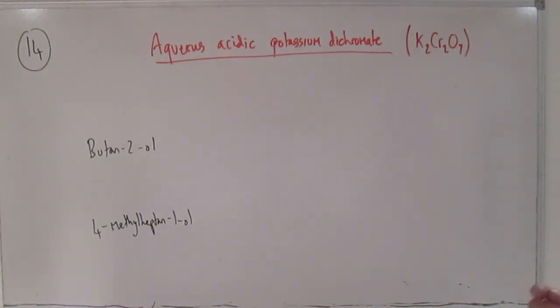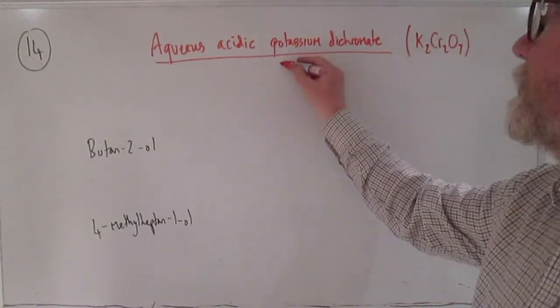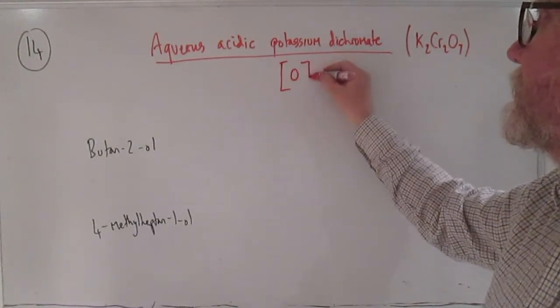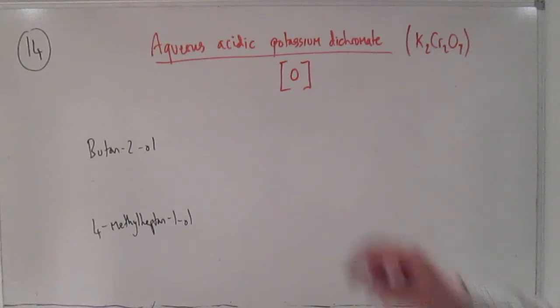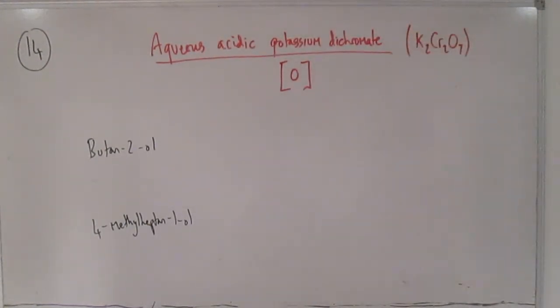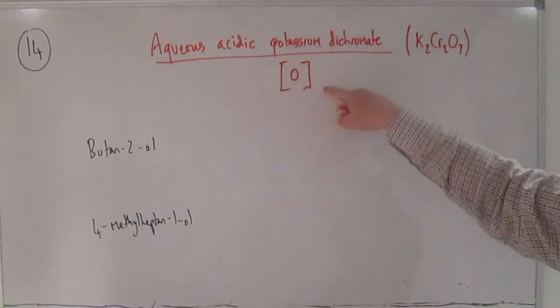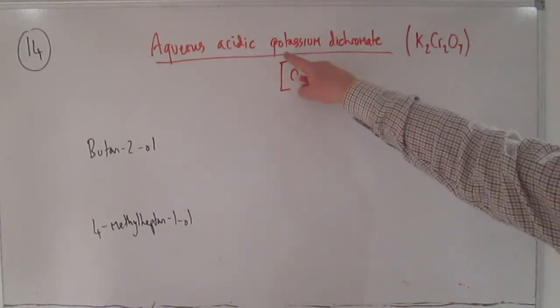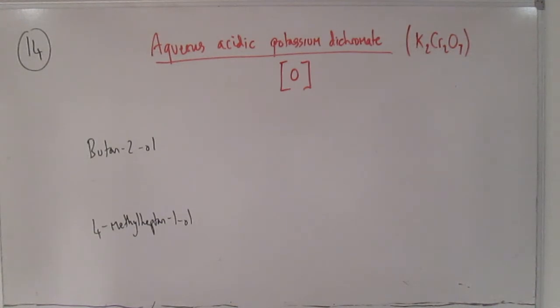And so they use this wonderful cheat, which is that they use this to represent the oxidizing agent. So this is the oxidizing agent because it makes the alcohol become oxidized, but in the equation you just represent it as an oxygen atom with a square bracket around it.